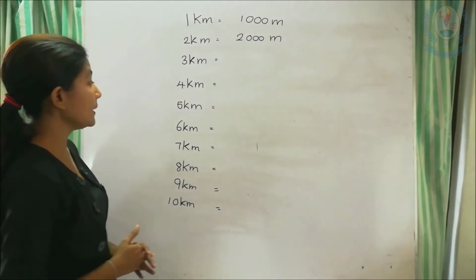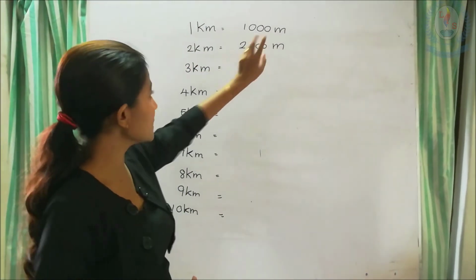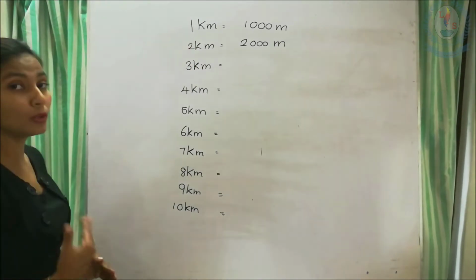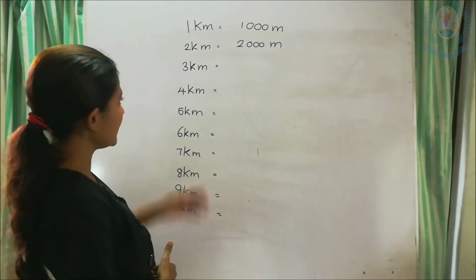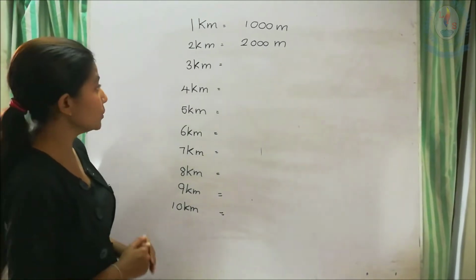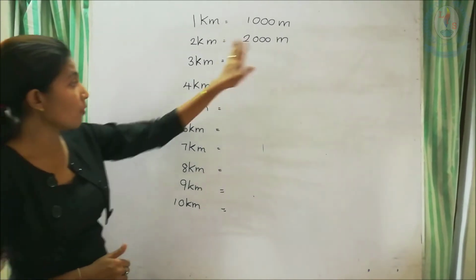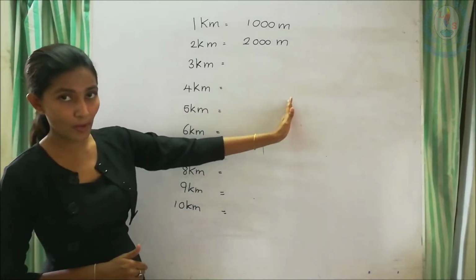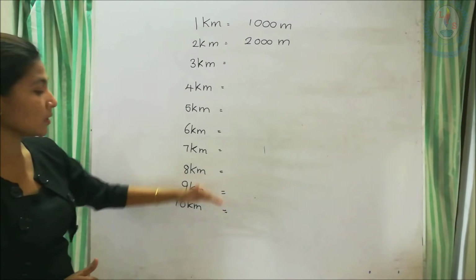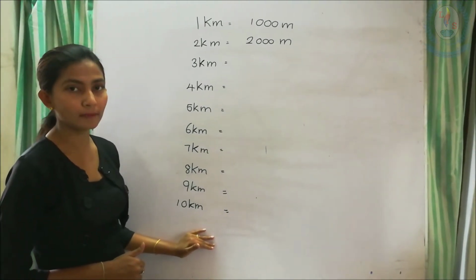Now we learn 1 kilometer, 1000 meters, 2 kilometers, 2000 meters. And you have some exercises given. You have to write 3 kilometers, how many meters, 4 kilometers, how many meters. Likewise, you all have to complete here as homework.